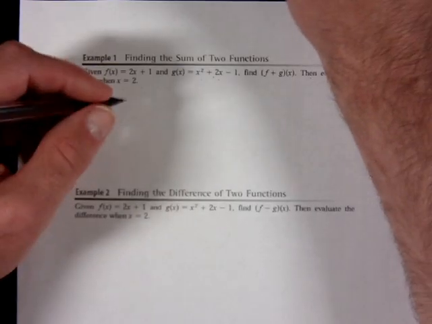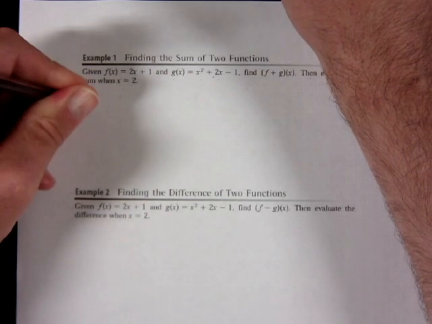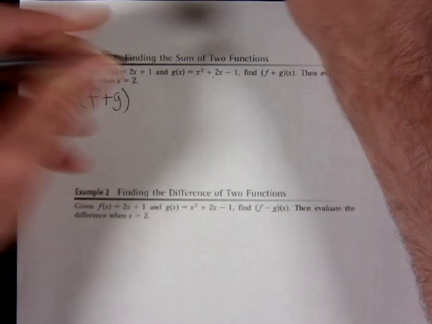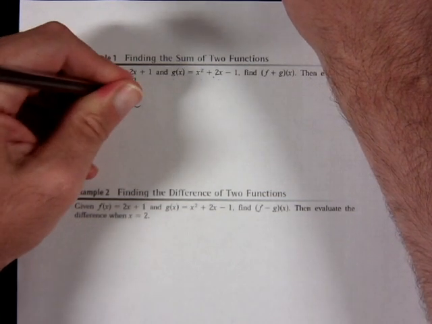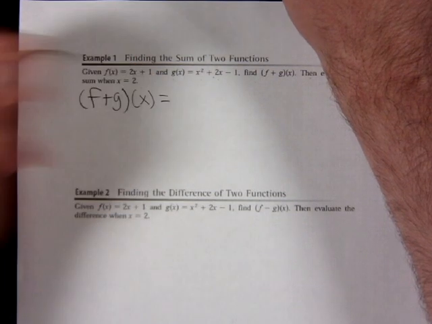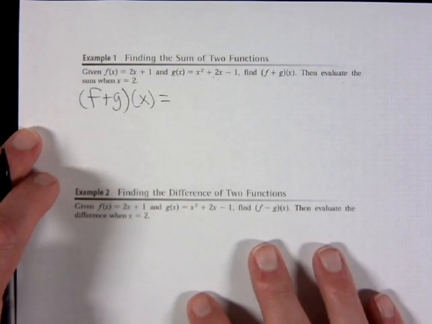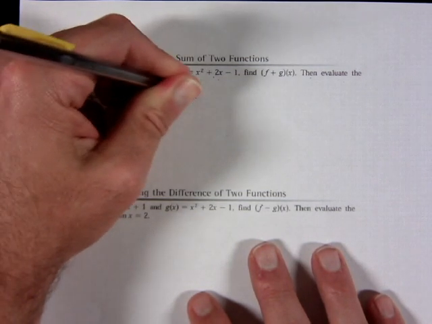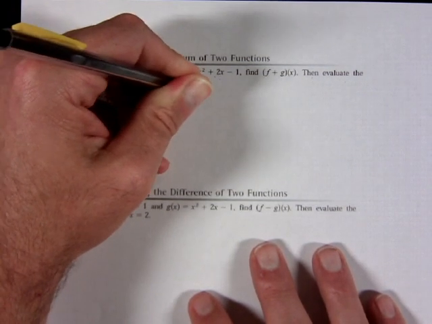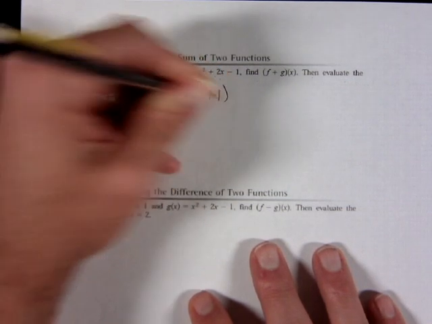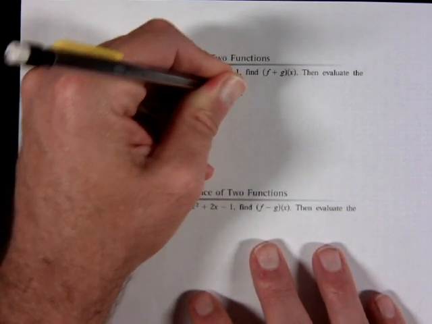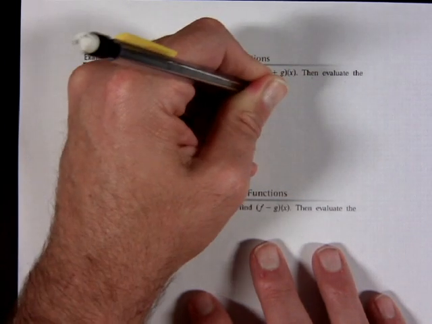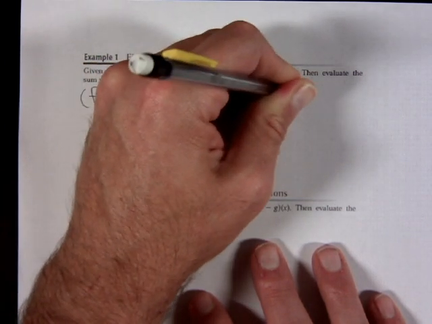All right, so let's write it out, see what we come up with. We want to find f plus g of x. By definition, that's going to be f of x, which is 2x plus 1, plus g of x, which is x squared plus 2x minus 1.